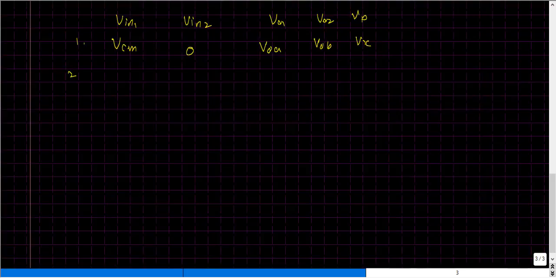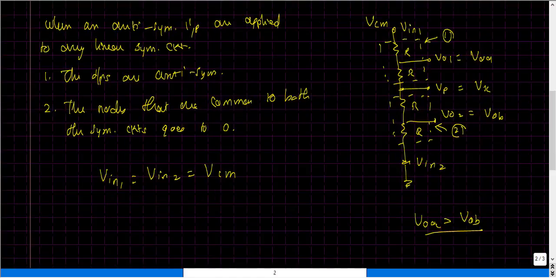Now let me go for the second condition, where I apply the common mode input to the second input terminal, whereas the first one is grounded. Due to this, these two values have to change. So this goes to the ground, whereas I apply the common mode voltage across the Vin2 terminal.